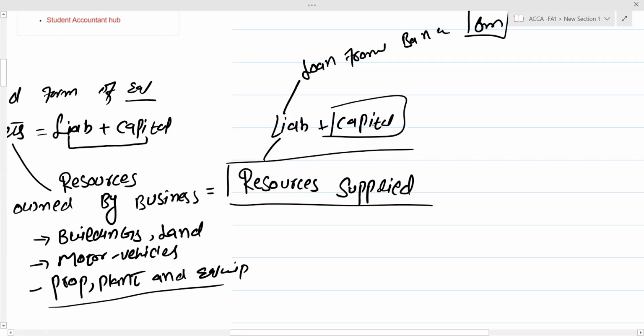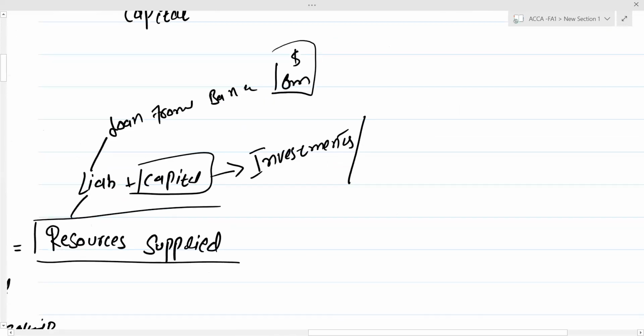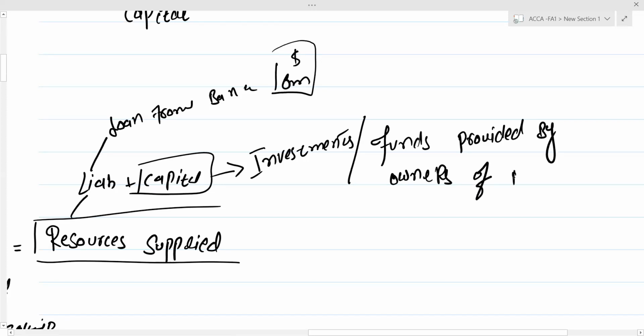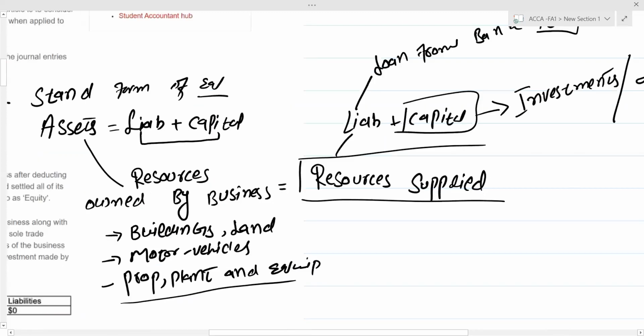Similarly, what is capital? The very fundamental definition of capital is the investments or funds provided by the owners of the business.